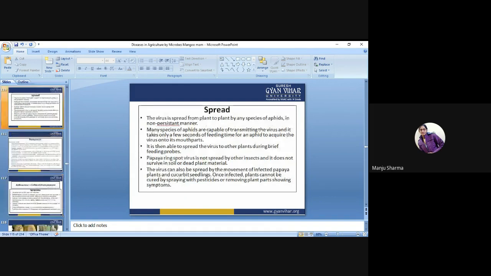Their spread: the virus is spread from plant to plant by many species of aphids in a non-persistent manner. It takes only a few seconds of feeding time for an aphid to acquire the virus into its mouth parts, and it is then able to spread the virus.